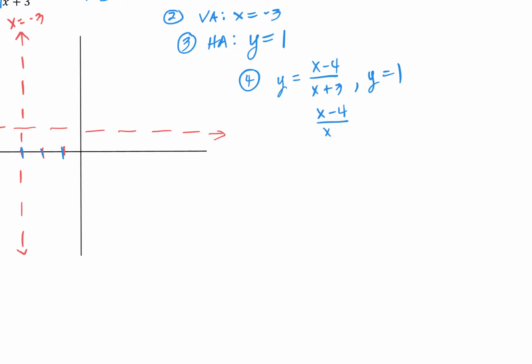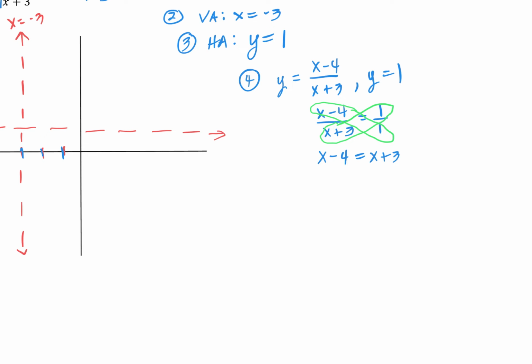X minus 4 over x plus 3 equal to 1. And I'm going to write 1 as 1 over 1 as a fraction, because now I can use cross products. I can do x minus 4 times 1, which is simply x minus 4, equal to x plus 3 times 1, which is simply x plus 3.